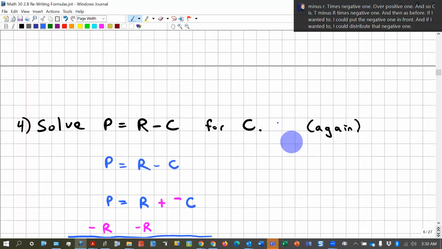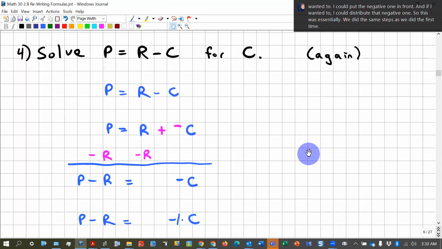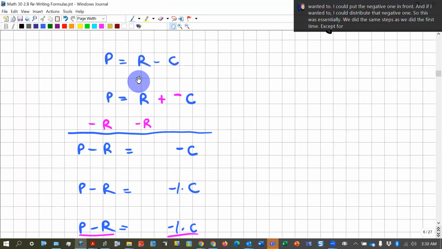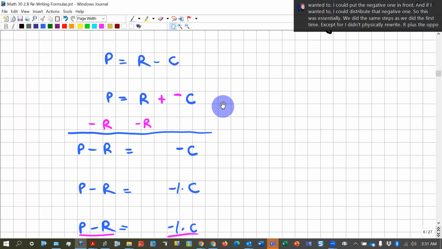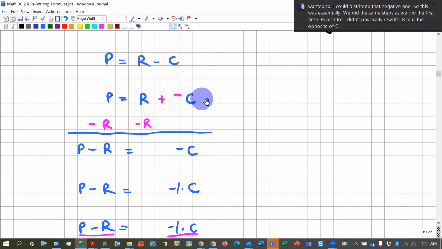So essentially, we did the same steps as we did the first time, except I didn't physically rewrite R plus the opposite of C with the term with C first.